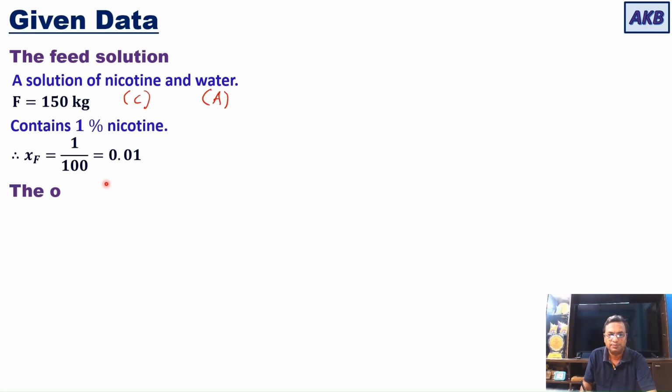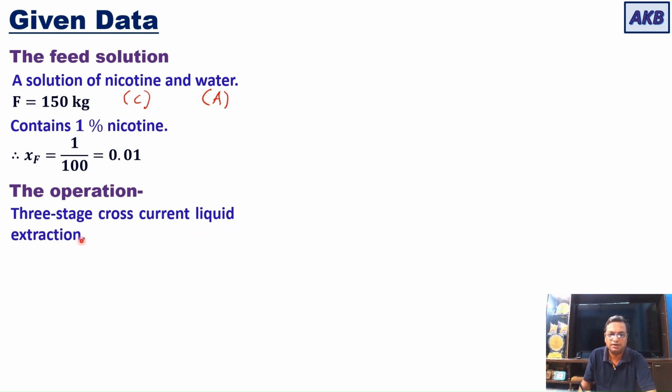0.01. Then the operation to be used is 3-stage cross-current liquid extraction, because they have told us that the feed solution is extracted thrice. So it corresponds to a 3-stage cross-current liquid extraction operation.